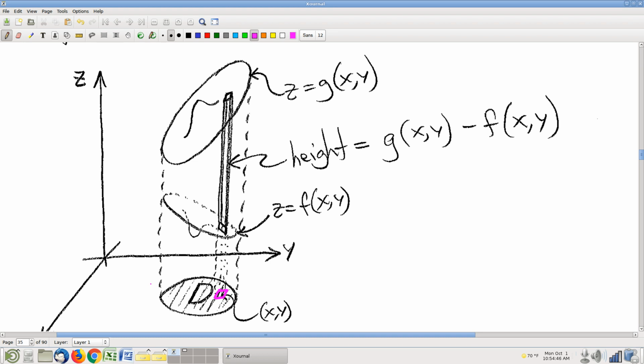So I propose that what I associate to this little piece is the amount of the volume that I'm interested in that's actually sitting above that little piece. Now, it doesn't touch that little piece, but that's okay. We're just talking about a summation.